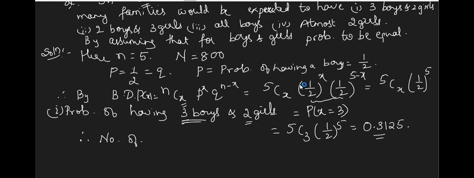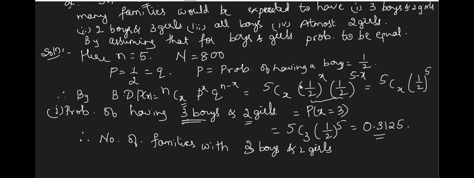So the number of families, is it going to be 800, more than 800, or less than 800? Less than 800. 250. Okay, you have got the answer. You can predict it, right? The number of families with 3 boys and 2 girls.